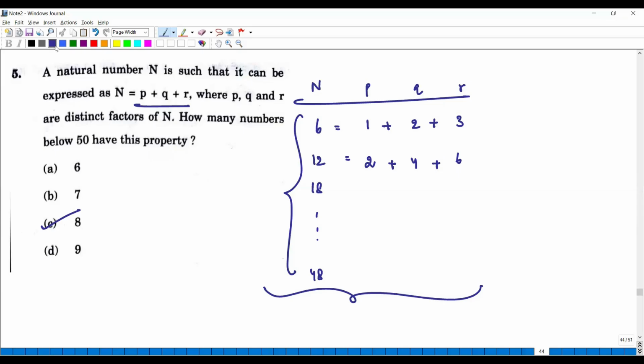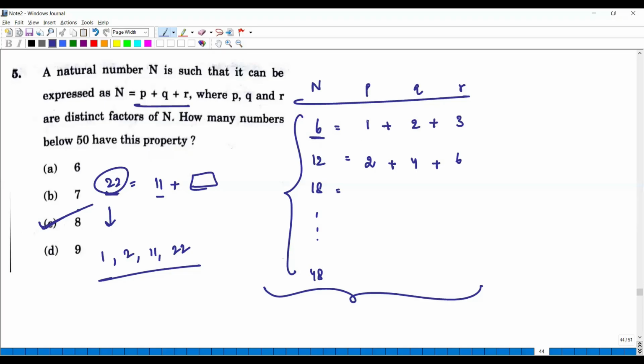If I take, suppose, 22, you'll write half of 22 as 11 and the other two factors have to form 11. The factors of 22 are 1, 2, 11, 22. These will not form 22, so you can't express it. The only number you can express is 6 or multiples of 6. Therefore, there are 8 numbers in that way.